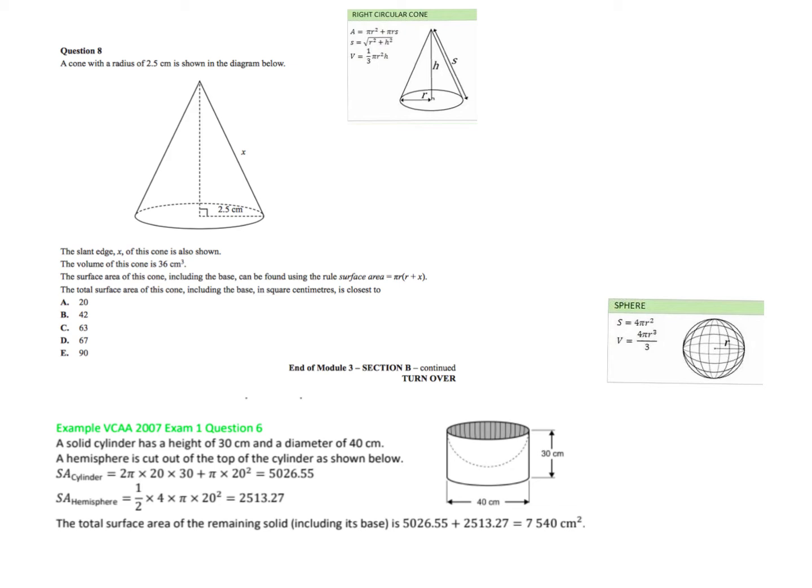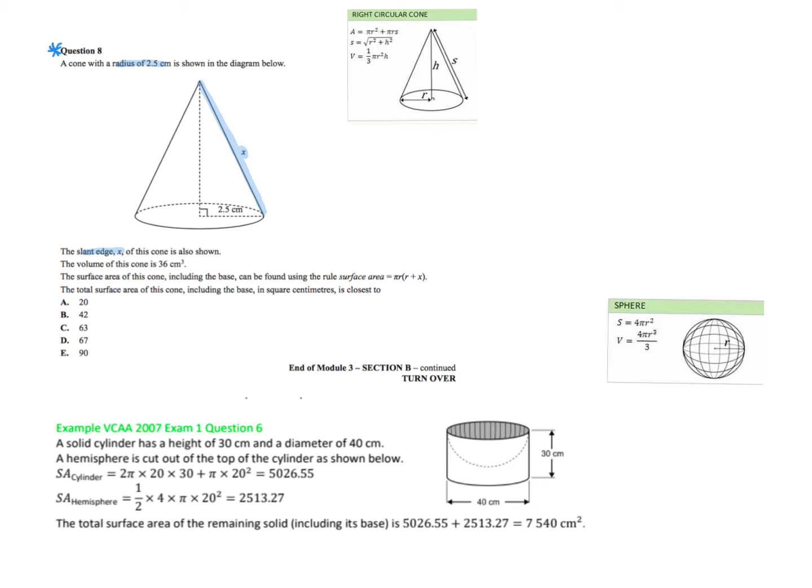All right. This one is question 8, boys, in the exam. So that means it's supposed to be one of the more challenging ones, or maybe not more challenging, more steps to do. So let's have a look. The slant of the cone has a radius of 2.5 as shown in the diagram. The slant has an edge of x. So they've said this slant side is x.